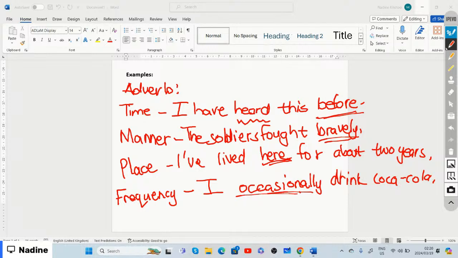So these are basically our adverbs, and we have our different types of adverbs. It can be adverb of time, adverb of manner, adverb of place, adverb of frequency, right? And we also made a few examples of adverbs within a sentence that we have identified.